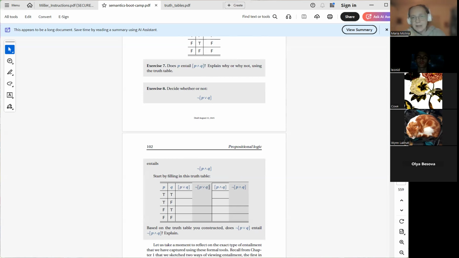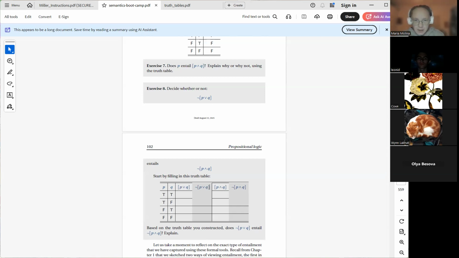P and Q: it is raining and windy. P or Q: it is raining or windy or both. Negation of P or negation of Q: it's not raining or it's not windy. Negation of P and Q: it's not both raining and windy.